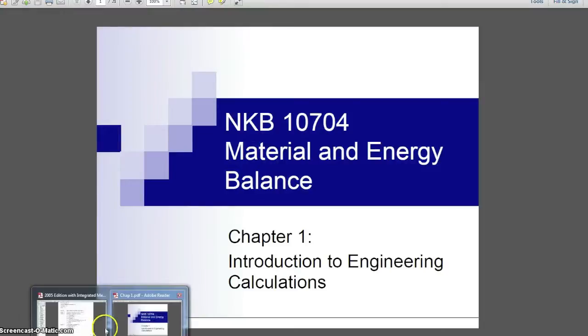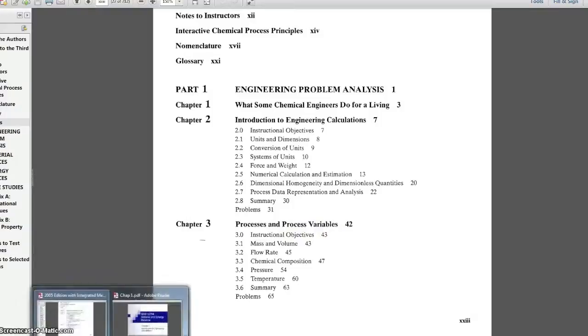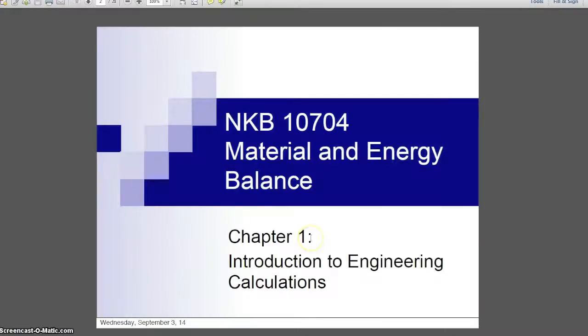For chapter 1, we'll be covering some of chapter 2 and some of chapter 3. Chapter 2 in the textbook is about Introduction to Engineering Calculations, while chapter 3 is about processes and process variables.